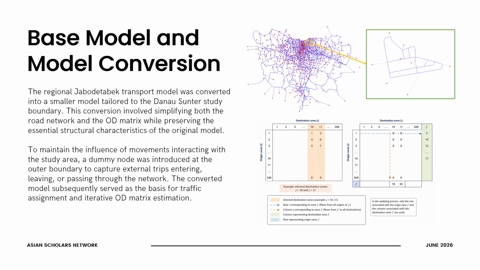To maintain the influence of trips interacting with the study area, a dummy node was introduced at the outer boundary. This treatment allows the simplified model to retain movements entering, leaving, or passing through the network. The converted model then serves as the basis for the traffic assignment and iterative OD matrix estimation.